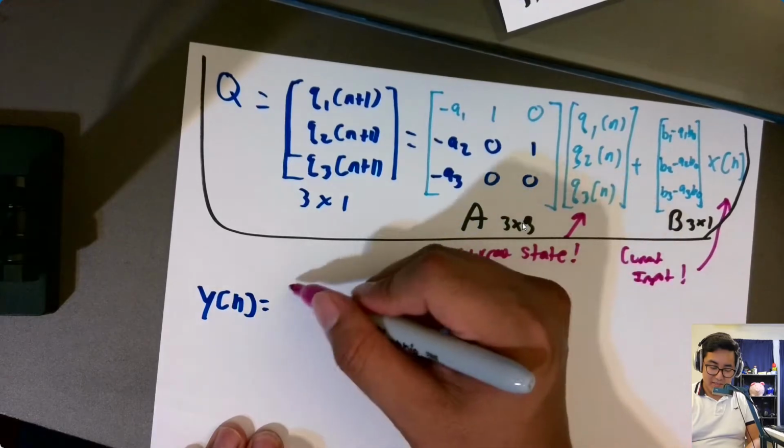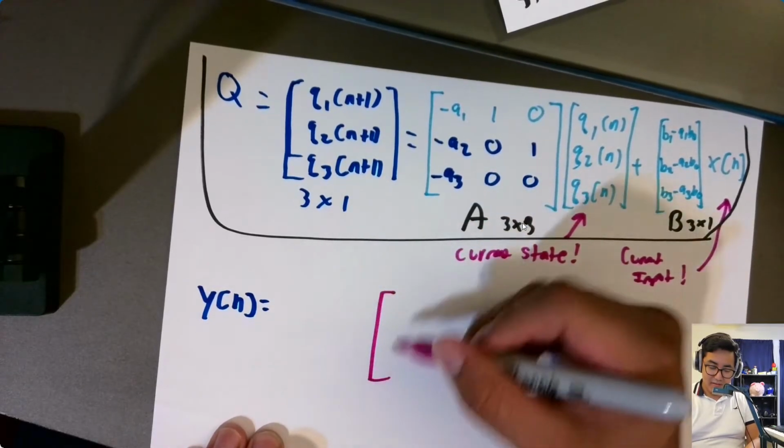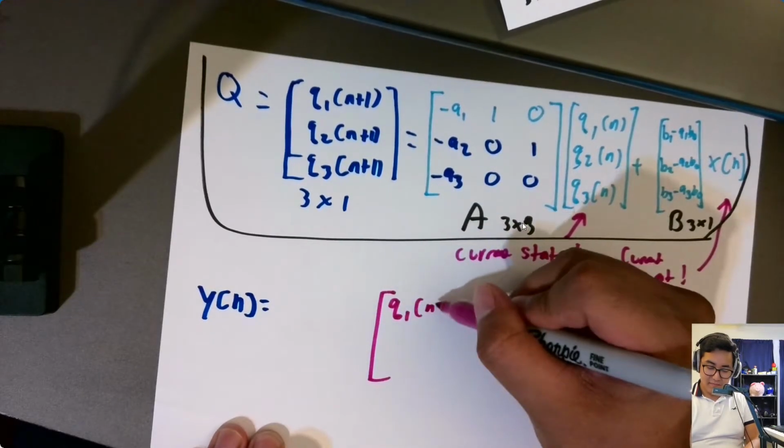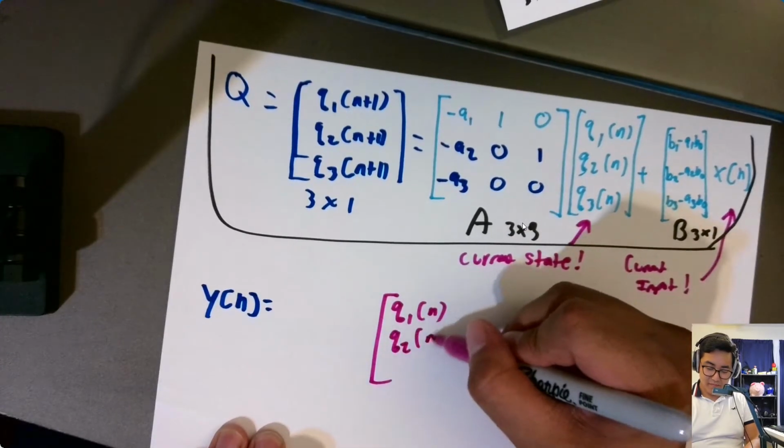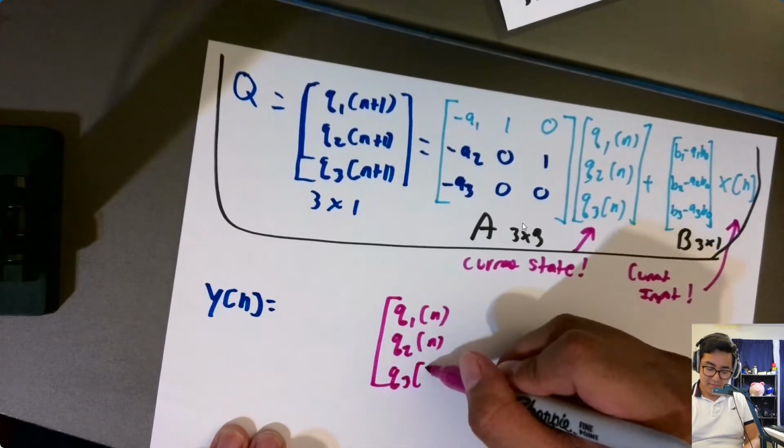I should write that down too. So we need, let's do this. Q of 1, Q of 2, Q of 3.